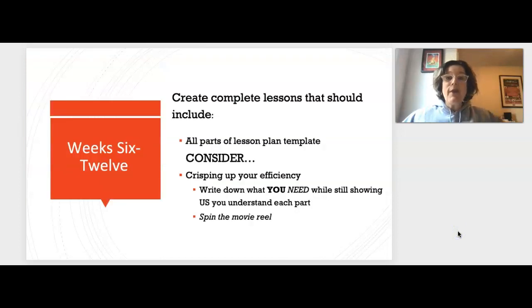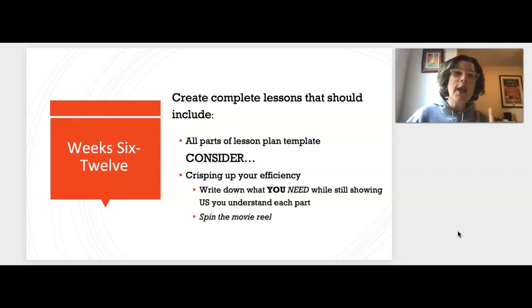However, in weeks 6 through 12, it becomes potentially a little bit different. We still want you to create complete lessons that should include, again, all parts of a lesson plan. So we still want you to be considering those hooks, differentiation, accommodation, transitions, lesson plan analysis.